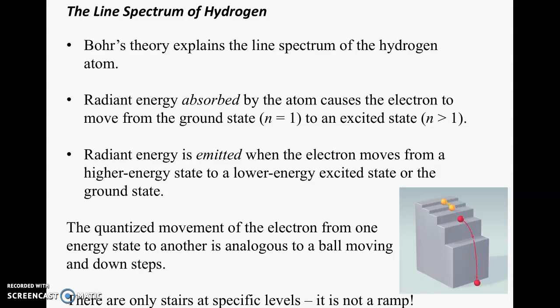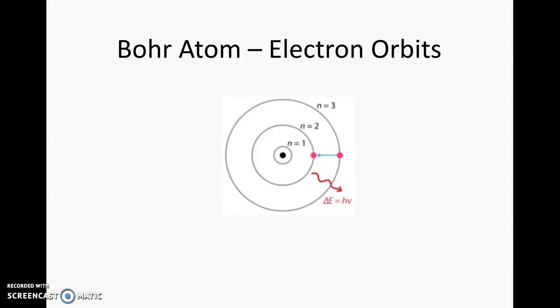But it can't stay there, so it falls back down. When it falls back down, it goes to a lower energy state, or the ground state, and it emits that as light. This is called quantized movement because it's not a ramp. It's a bunch of steps. It's just specific places where this electron can sit. The diagram shows it as a ball. Obviously, that's not an electron, but we're just trying to grasp the concept here.